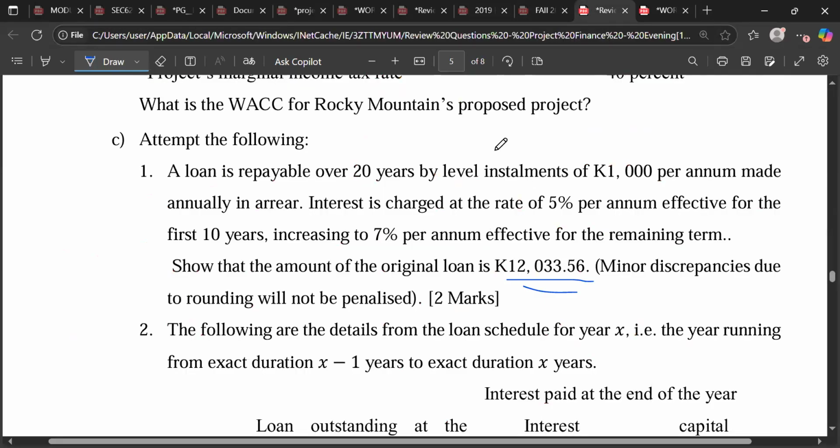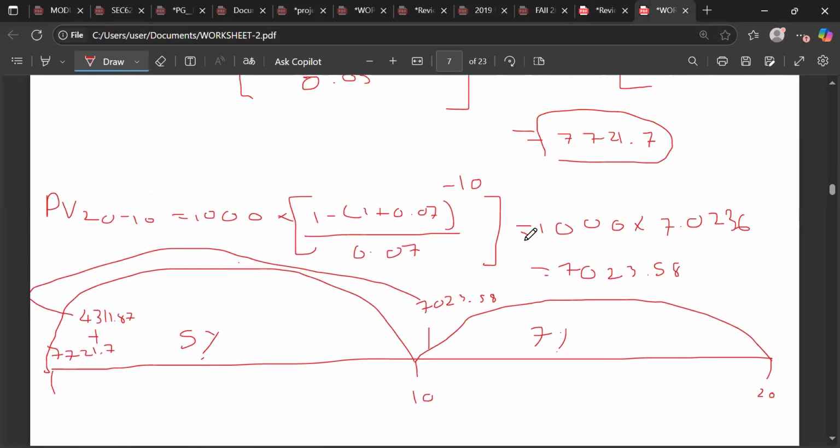So that's PV 20 minus 10, the last 10 years, equal to the loan 1,000 times the same factor, but then the rate changes to 7% here. That's the new rate for the last 10 years now.